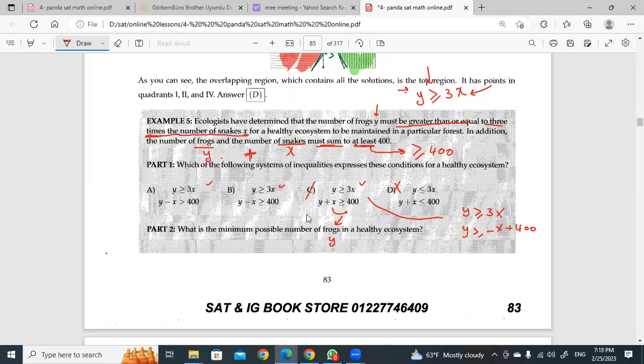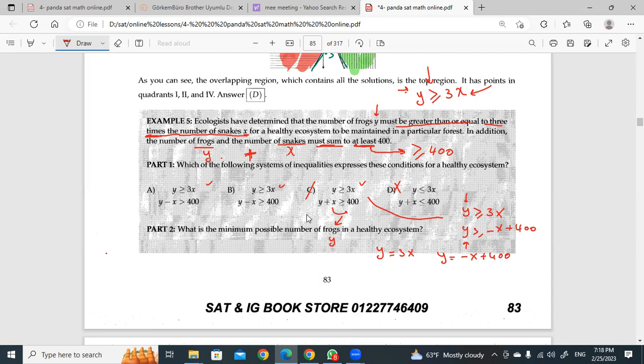Okay. So right now I'm searching for the y. Here I have y is greater than or equal, and here I have y is also greater than or equal. So the minimum point of y will be at equal. So I will deal with the two equations as equalities: y equals 3x, and y equals negative x plus 400.